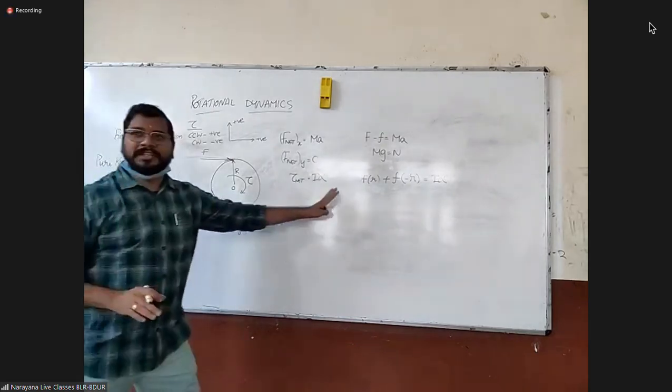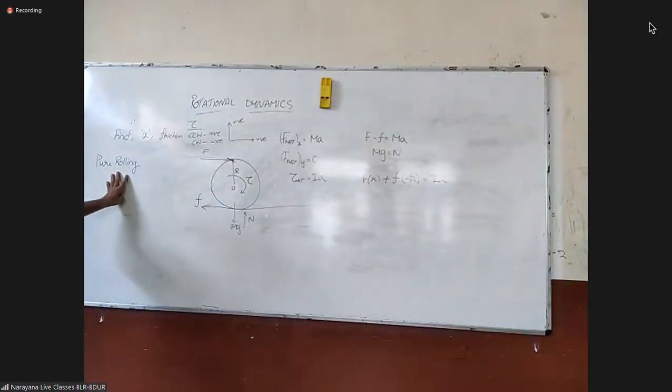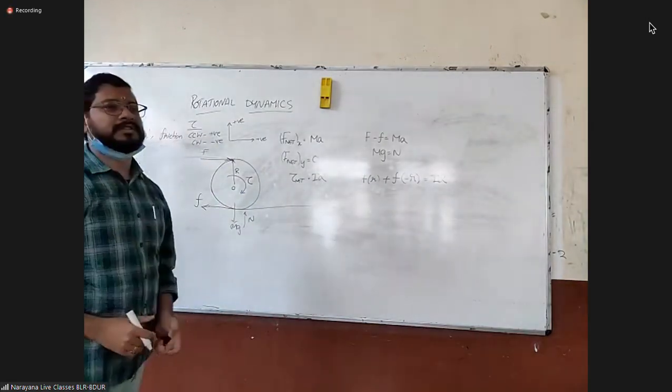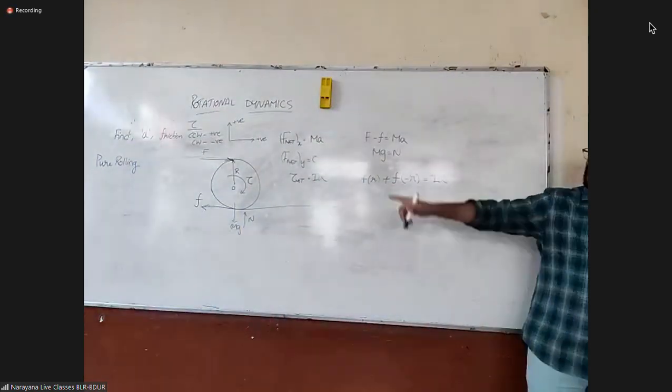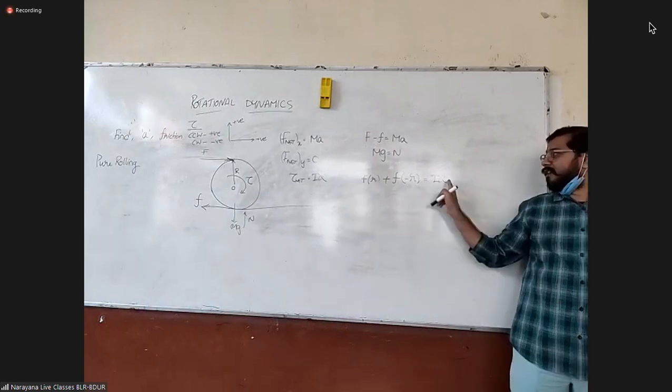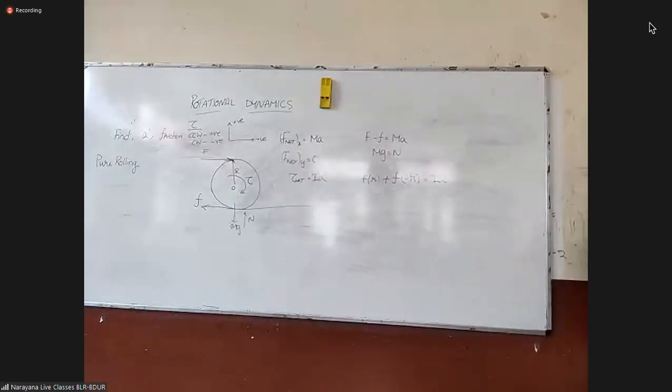You got three equations. Assume I didn't give you the pure rolling condition. I asked you to find the acceleration, not alpha. You can't do anything, right?